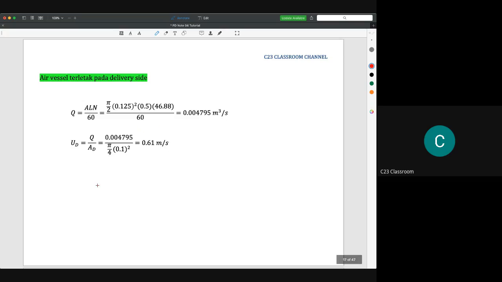Then we need to calculate the friction head for the delivery pipe. But according to the question, we have an air vessel located near the delivery side. So if we have a piston here and near it we have the air vessel, then the water starts to flow to the upper tank.